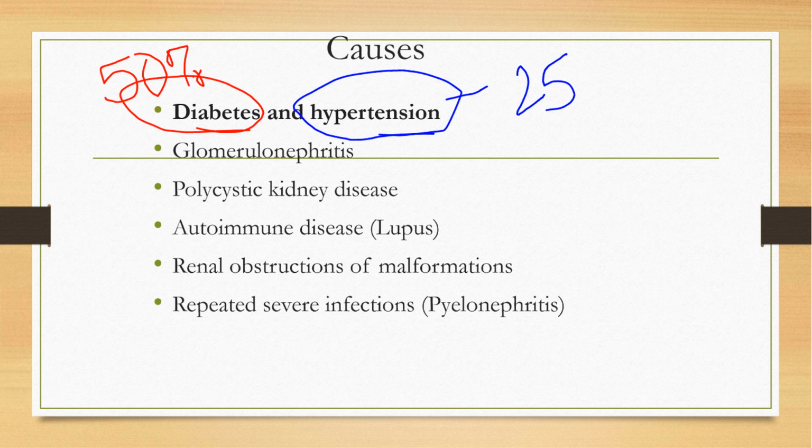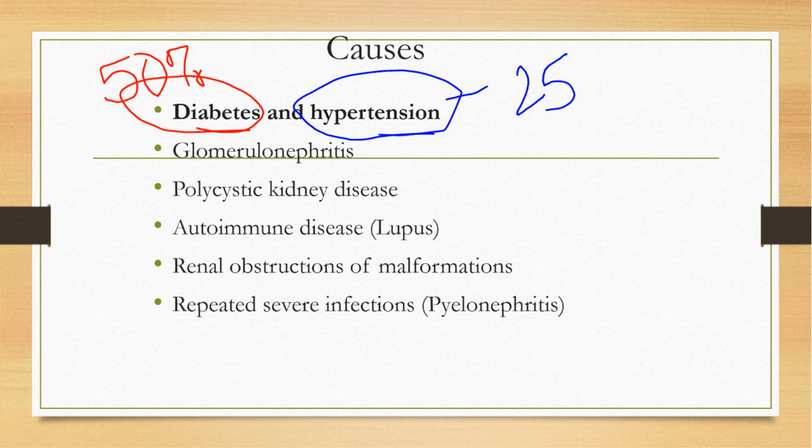Later on when we learn about diabetes and hypertension, you'll understand why these are the number one and number two causes for chronic kidney disease. And then you can read through some of the other causes of chronic kidney disease.